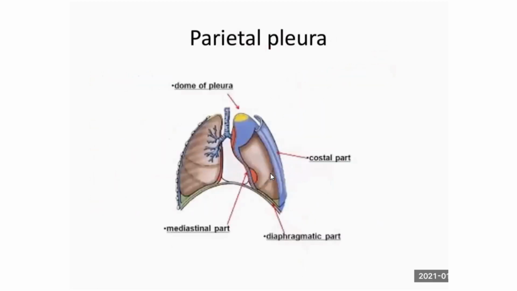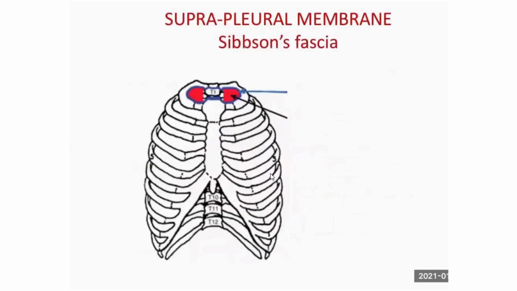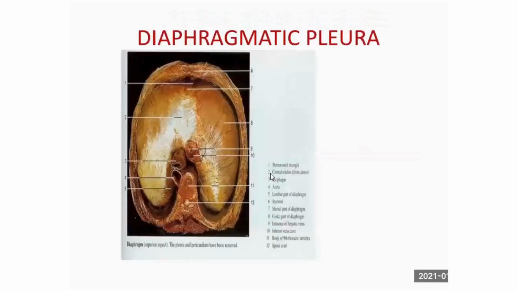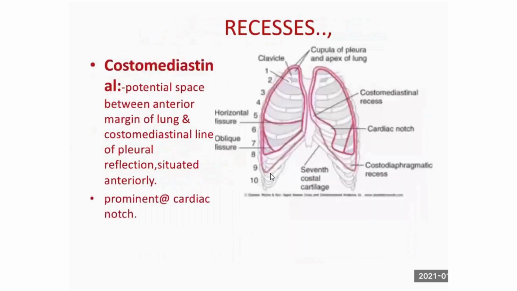This is costal, cervical. This fascia we already finished, right? Suprapleural membrane. Costal pleura is covering the anterior surface of the lung. Diaphragmatic surface: this is diaphragm, but it is not seen, right? It is covered by pleura, diaphragmatic pleura. Medial surface of the lung is mediastinal pleura.